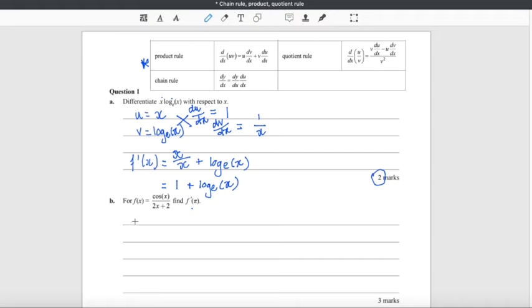So again, we set up our quotient rule, writing down all the terms. So u is going to be cos x. The order is important for the quotient rule, by the way. So du dx, derivative of cos x, derivative of sine is cos, and the derivative of cos is negative sine x.